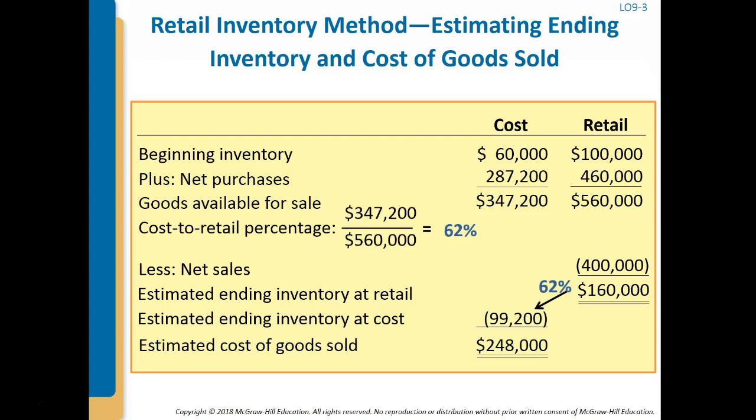After the initial markup of inventory, but before it's been sold, companies sometimes increase the selling price further, an additional markup, or reduce the selling price, which is a markdown. For applying the retail inventory method, we need to track the movement in the selling price until it is sold.